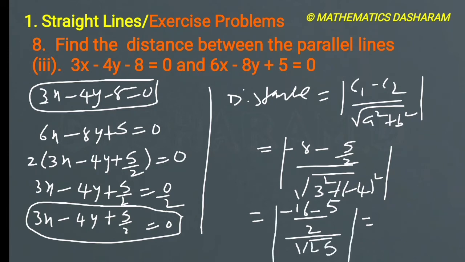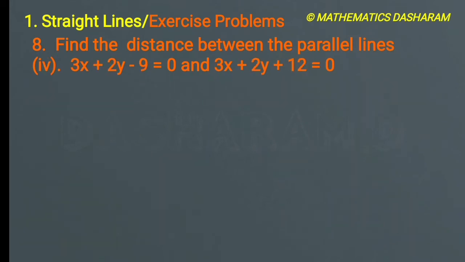So it is equal to minus 16 minus 5 is minus 21 by 2 into root 25. Root 25 is 5, so 1 by 5. So the final answer is 21 divided by 10.